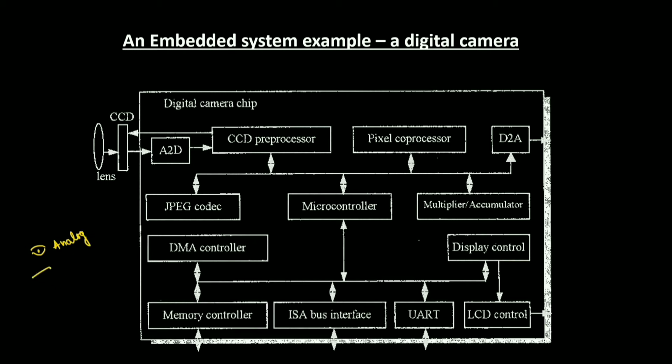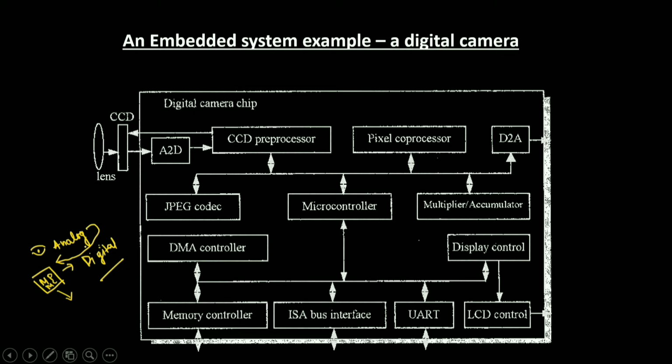But a microprocessor or microcontroller only understands digital things. So we need to first convert these analog signals into digital for the understanding of the microprocessor or microcontroller, and their output will again be converted from digital to analog by using D to A devices.